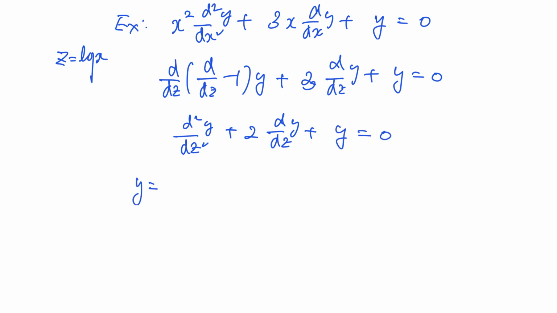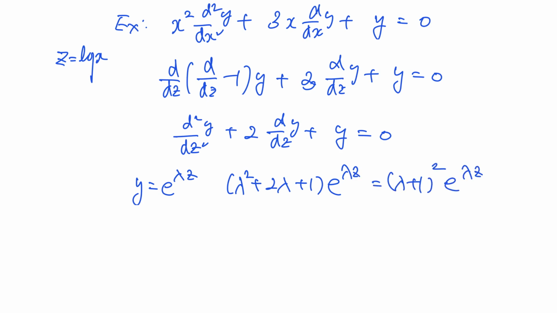So you can try exponential lambda z. That means lambda squared plus 2 lambda plus 1 exponential lambda z, (lambda plus 1) squared exponential lambda z is equal to 0, right? So lambda is minus 1, minus 1. This is a double root.